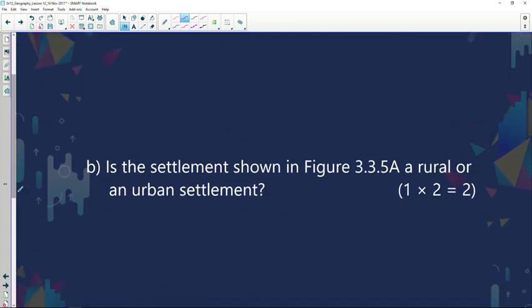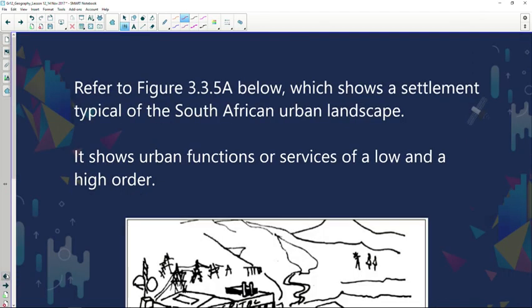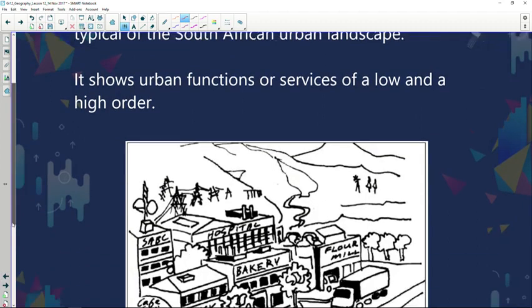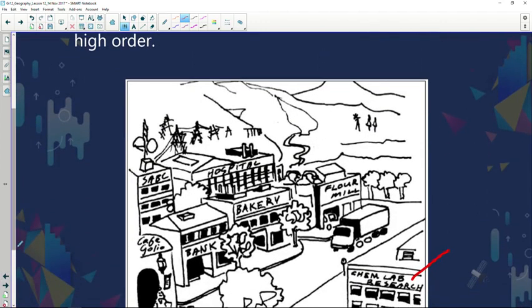is the settlement shown in figure 3.3.5a a rural or urban settlement? Let's just quickly go back to it. Do we see any primary activities taking place in that diagram? No. But I do see secondary activities, the flour mill. I do see tertiary activities, for instance, the bakery selling their goods, the bank, and hospitals.